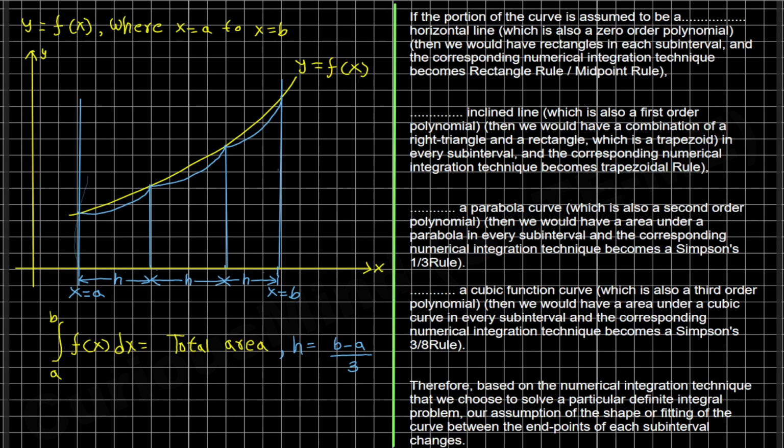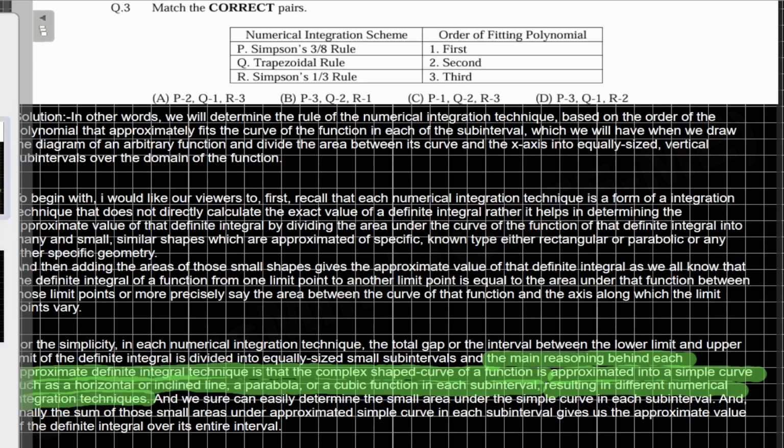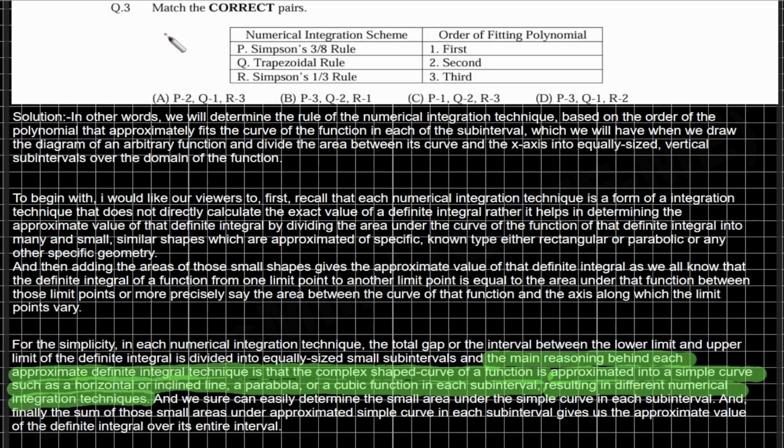Now let's go to the first page and try to answer our question, which is this. Simpson's 3/8 rule is associated with a polynomial that would fit our curve, as we explained earlier, and the order of this polynomial would be third, or 3.